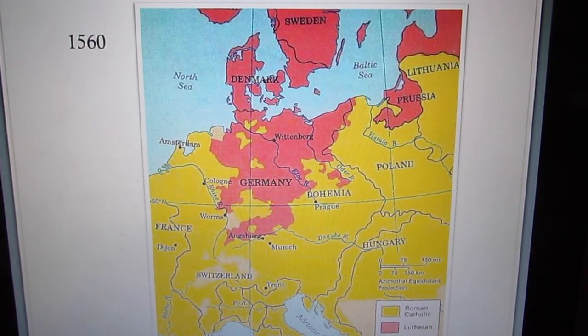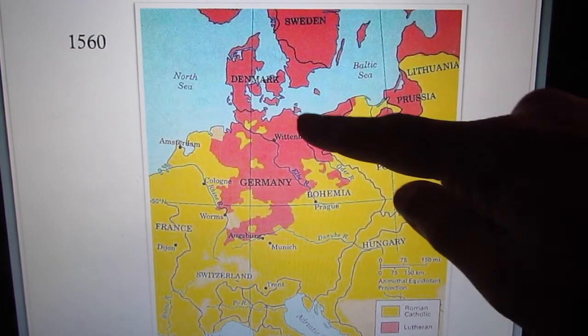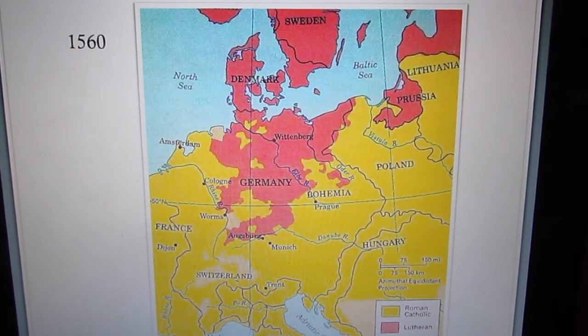He's saying, you know, we should not sell indulgences, and we should include baptism and communion within our religion. So we see this small portion, Germany, as Lutheran, and the rest of Europe in the yellow as Roman Catholic. So still a large majority of people within the European Empire are Roman Catholics.